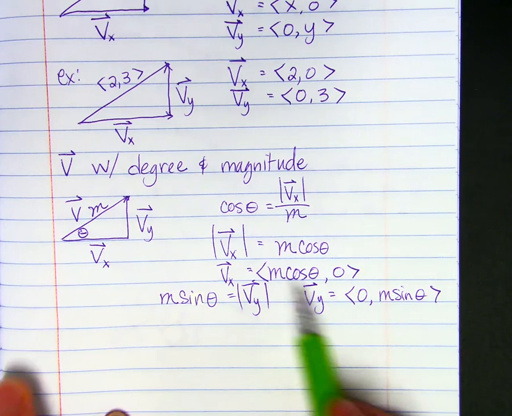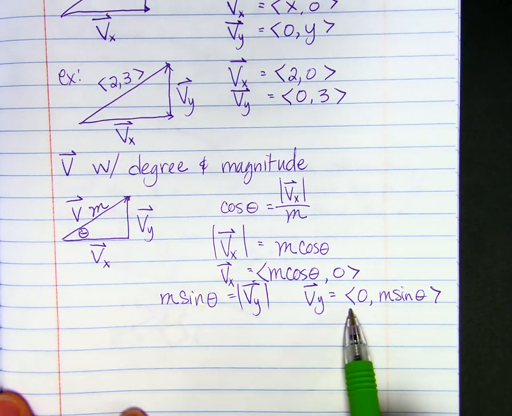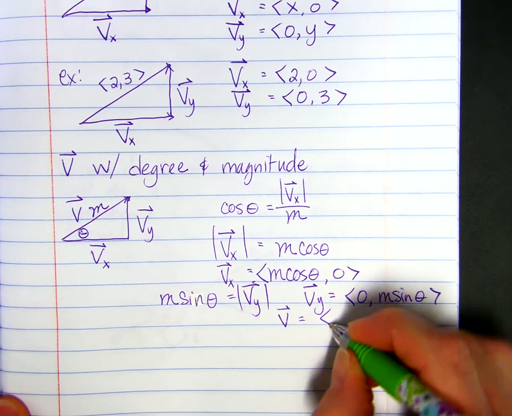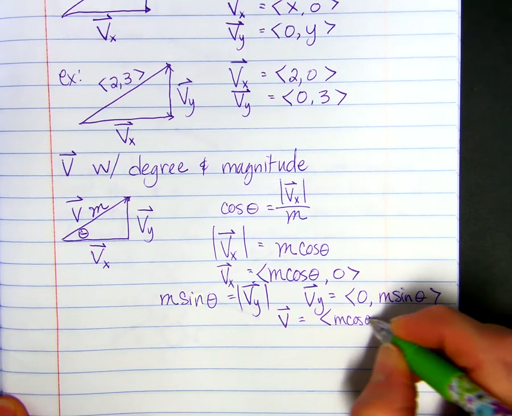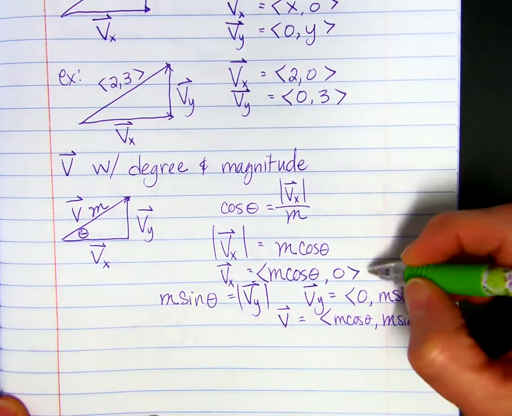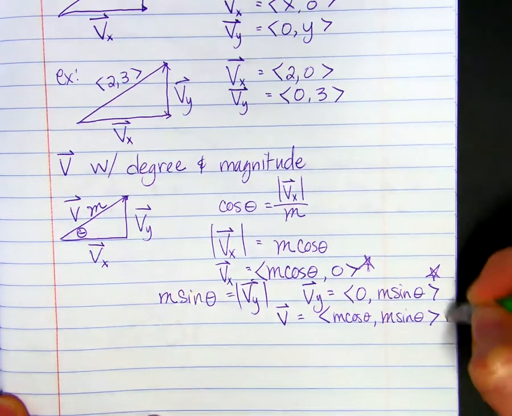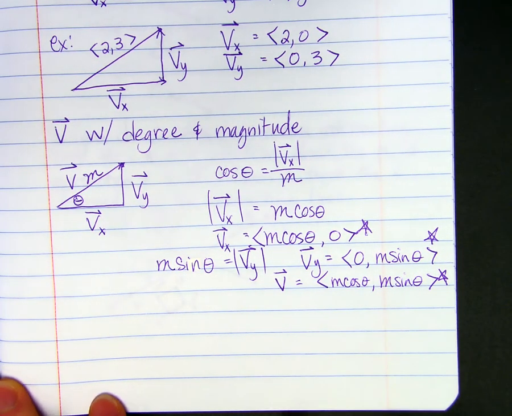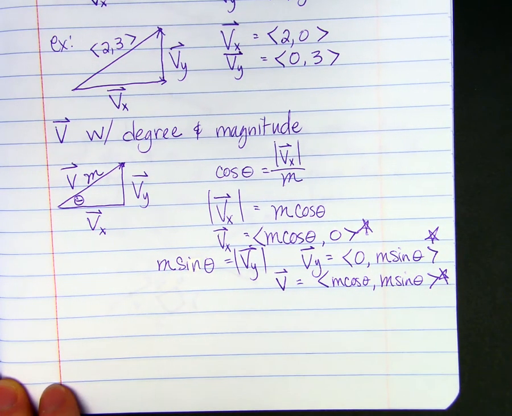And when we combine those two to find the vector itself, it is m cos theta, m sine theta. So these are the three vectors that you want to remember.